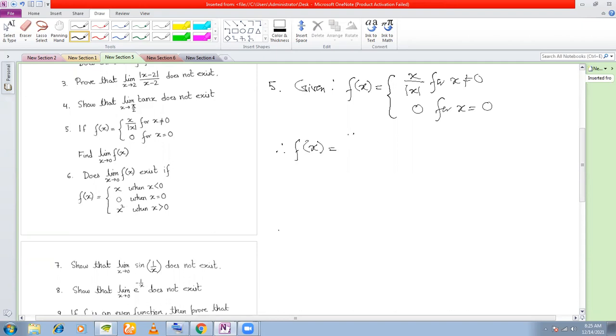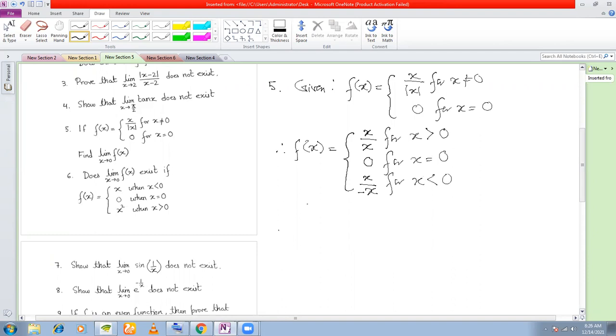So first let's simplify this function using the definition of mod. f(x) is equal to x by mod x. We can write f(x) is equal to x by x, because mod x is equal to x for what value of x? For x greater than 0, right? And for x is equal to 0, what is the value here? 0. For x is equal to 0. And for x less than 0, what is mod x equal to? It is equal to minus x, right?